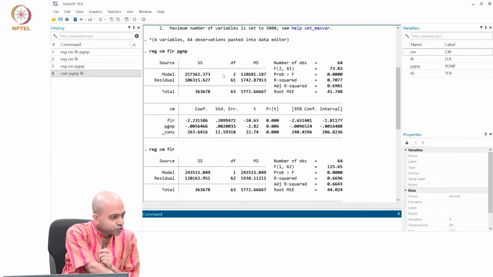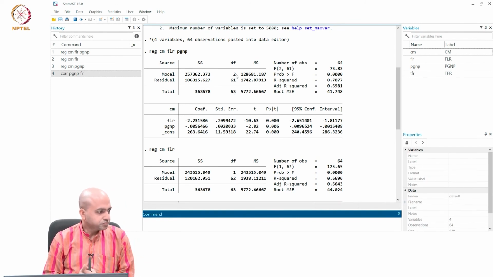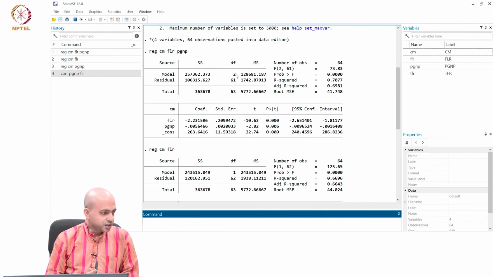The model sum of square value is 2,57,362.373, and the degrees of freedom is 2, because the degrees of freedom for the ESS is defined as TSS minus RSS. TSS is 63 because the total number of observations is 64, and RSS is 61. So, 63 minus 61 is actually 2.